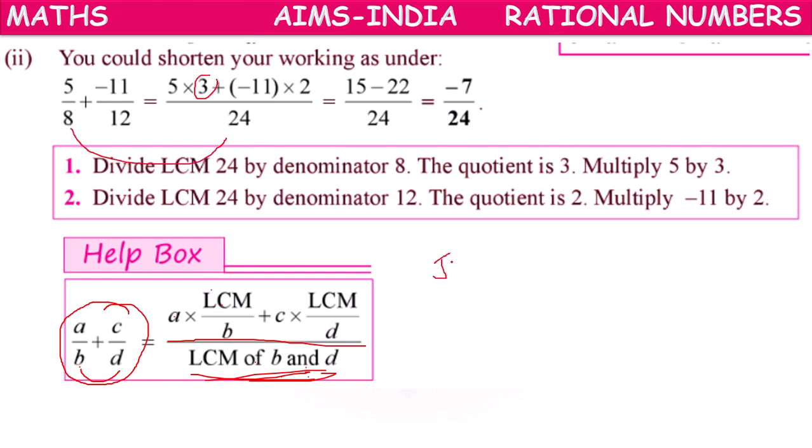How did we get this 3? LCM of 8 and 12 divided by 8. So here also c into LCM by d. Like this we can write.